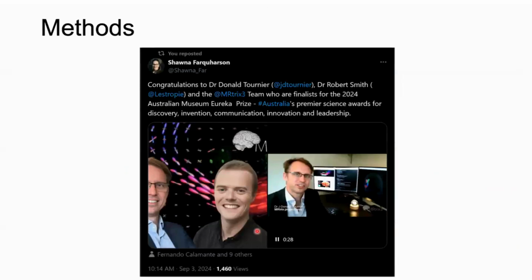So with that introduction and a small anecdote, on to the methods. All of these methods are centered around the MRtrix ecosystem. Donald Tournier and Robert Smith have been using MRtrix for like, I don't know, 13, 14 years. It's very popular, very thorough, detail-oriented, which is needed for tractography.